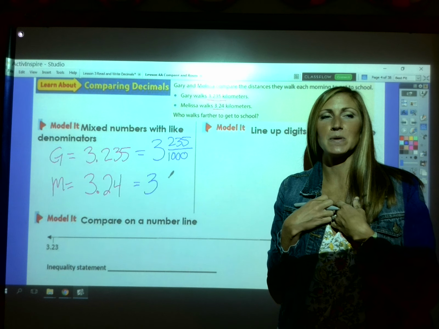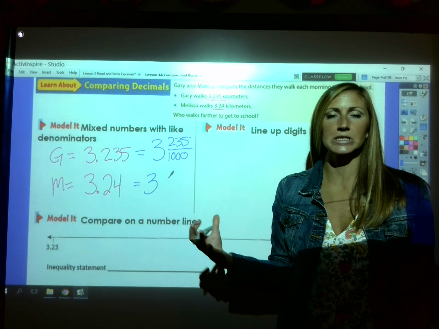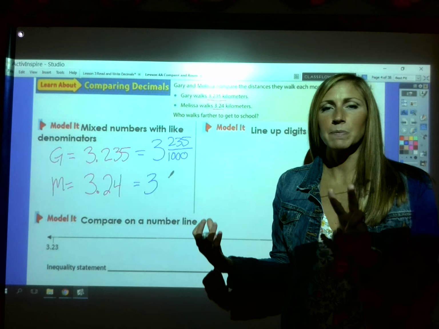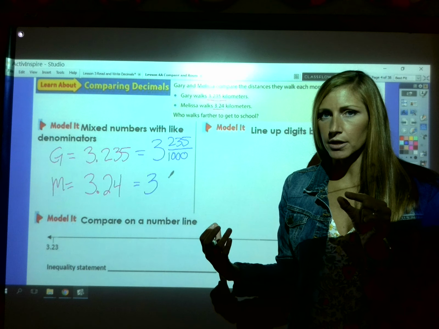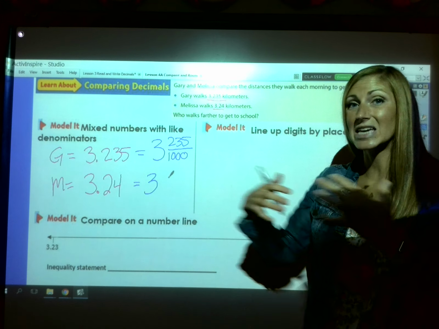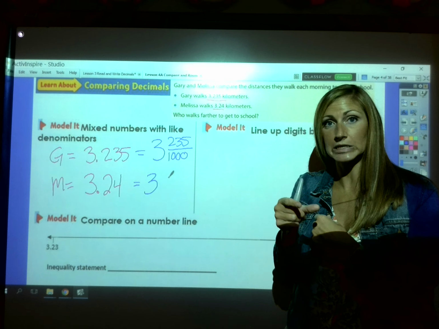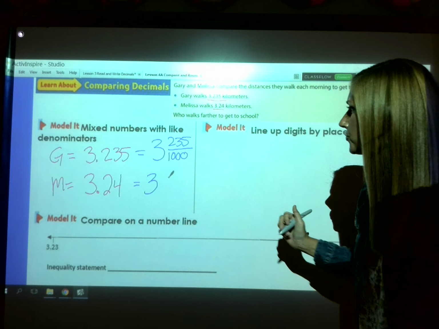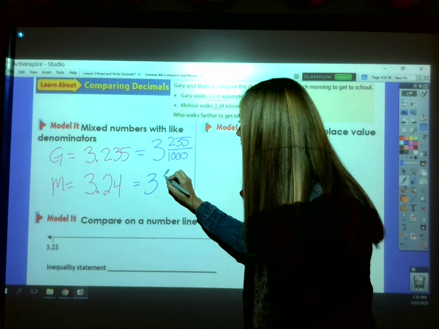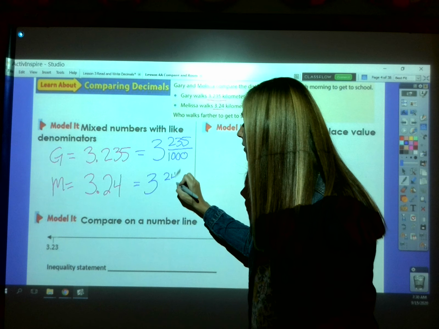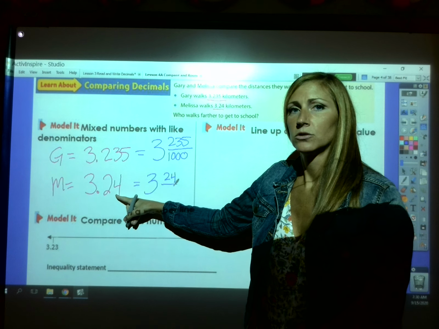Because if I had a pizza that was cut into 100 slices and I had 2, my pizza slices would be smaller. So how many cuts of a whole would depend on the size of your pieces, right? So this being a 24 right now, 24 what?